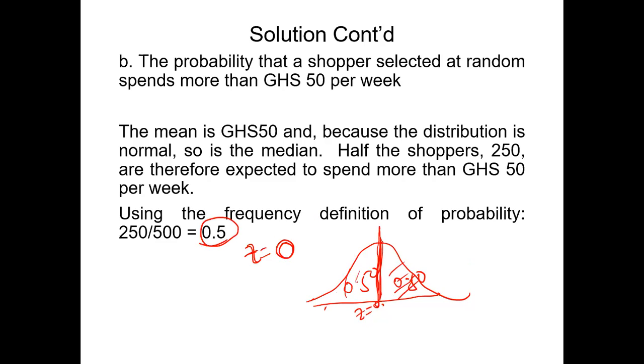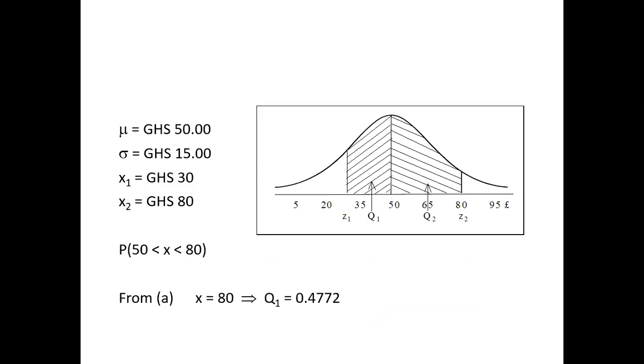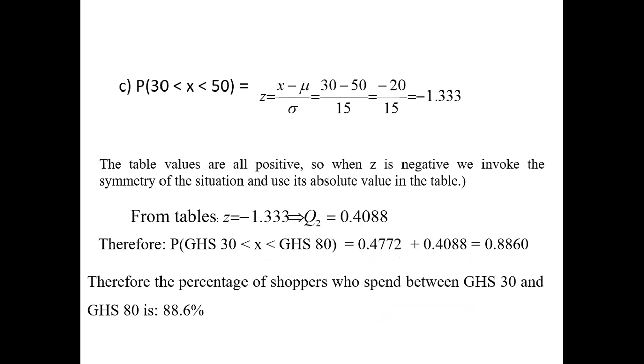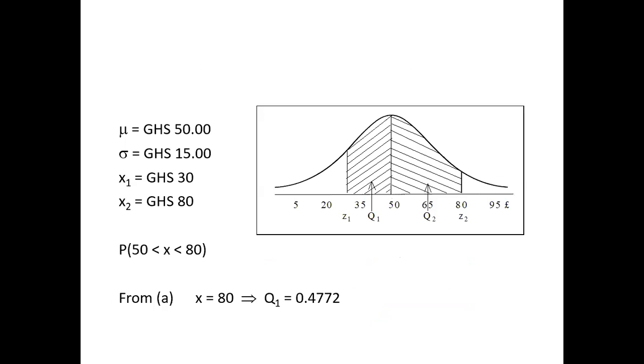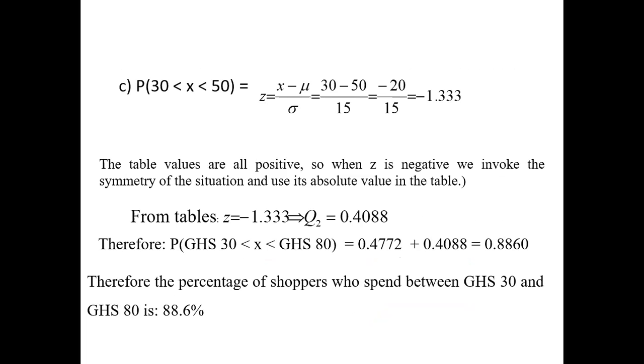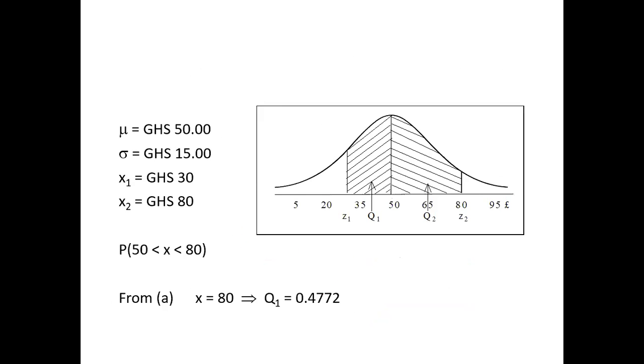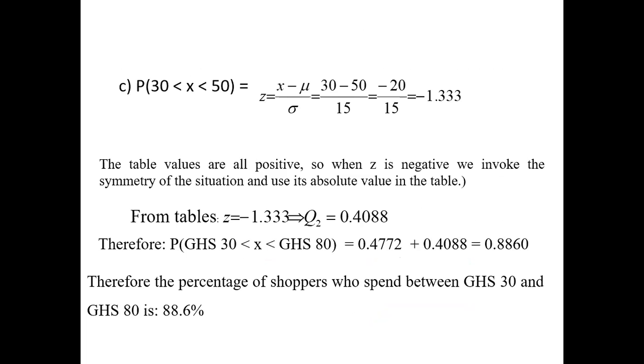Finally, we are looking at when we are spending between 30 and 50. When you compute the z-score for 30, we had negative 1.333.